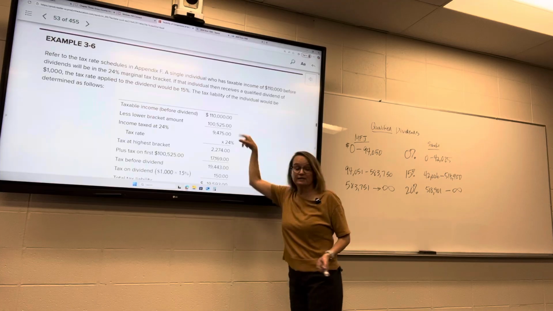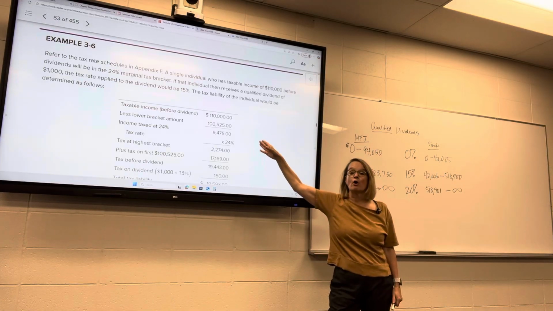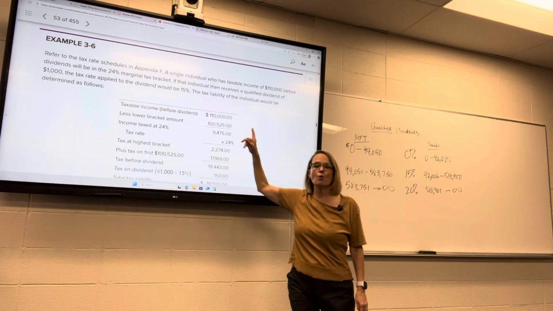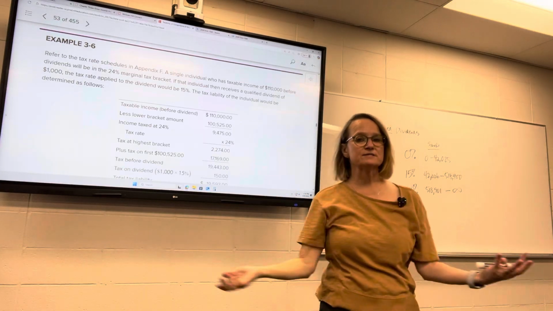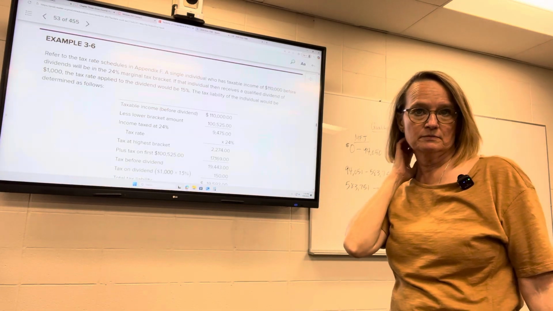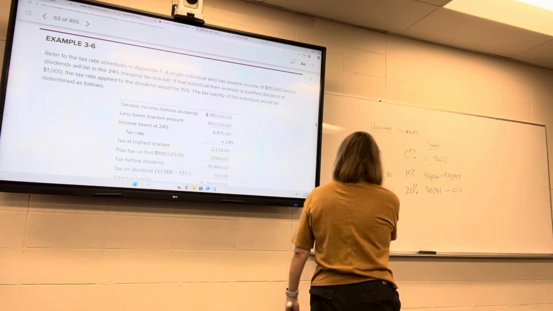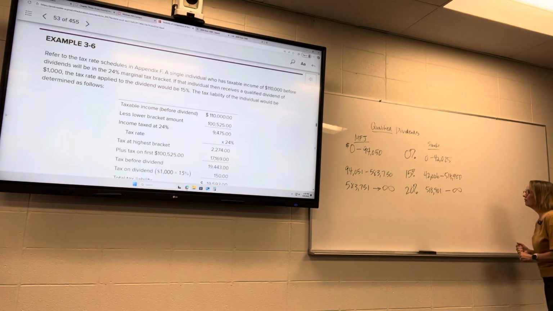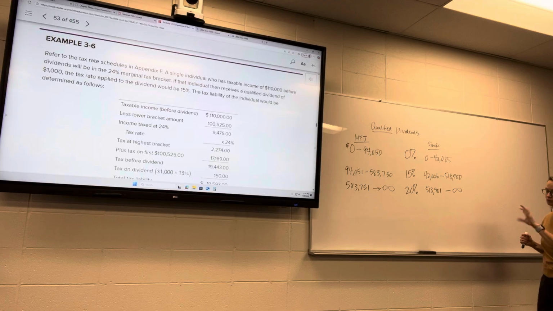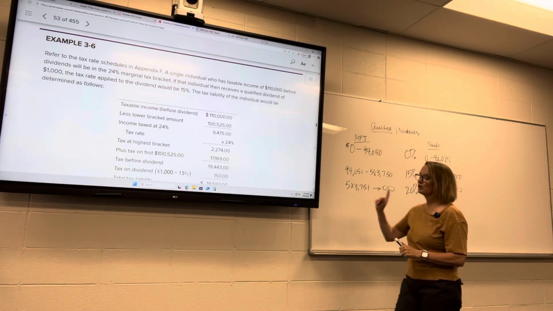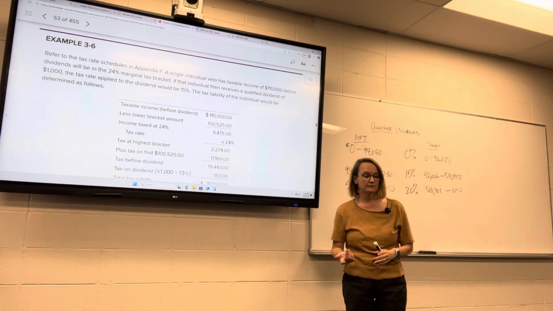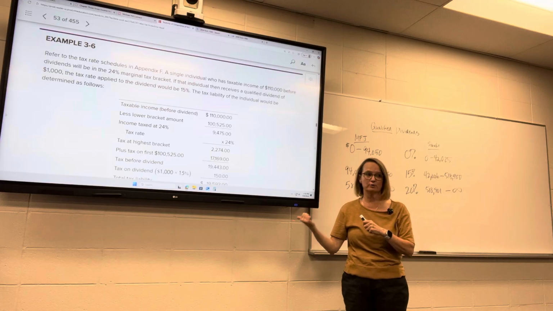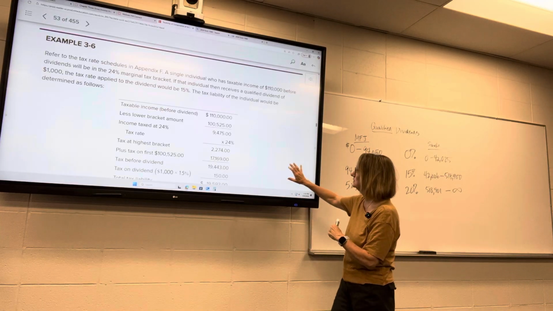This first calculation is doing what you've already done, figuring out what the tax is on the rest of the income. So what you want to do is figure the tax on the income before the qualified dividend. I'll pull up the 1040 in a minute to show you how this works.